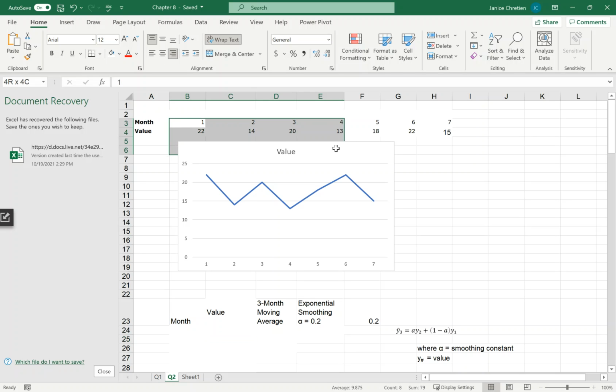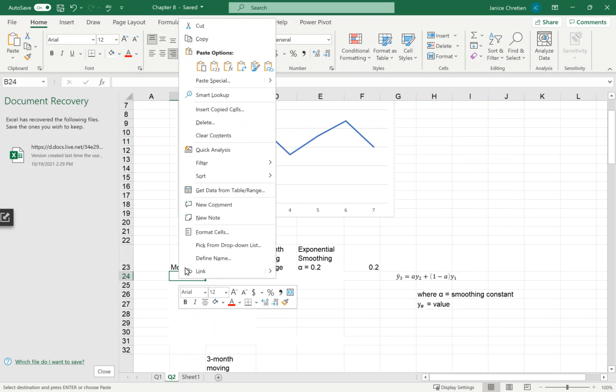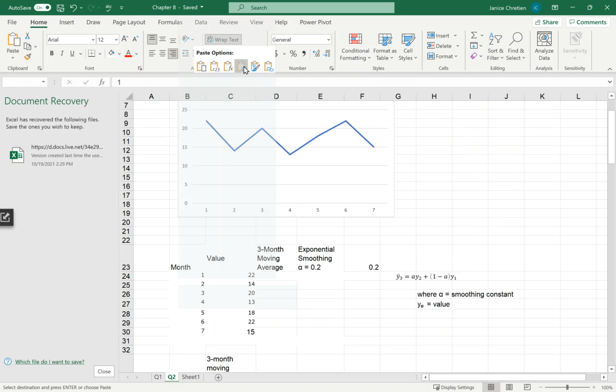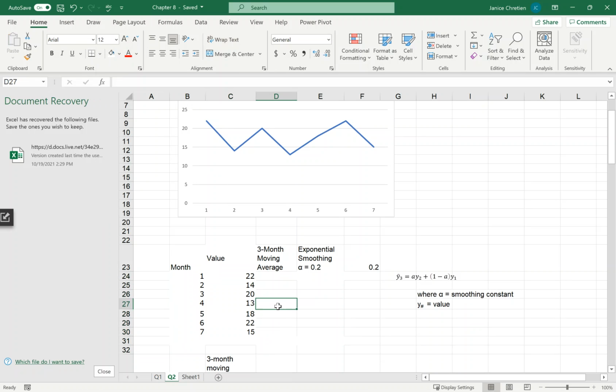So to do this, I'm going to grab my data, copy, come down here and paste it with the transpose to get it in the right order. To make this easier when we're working the formulas later, I go ahead and create a cell with my exponential smoothing constant that I was given in the question.